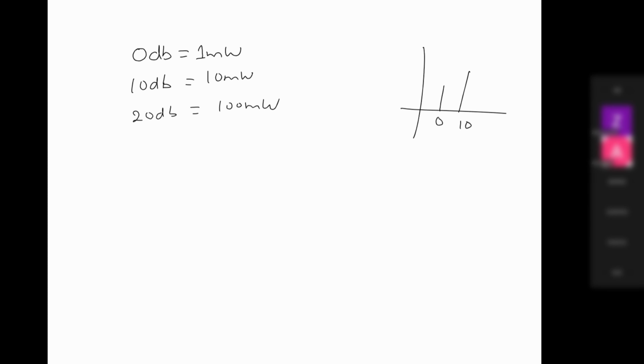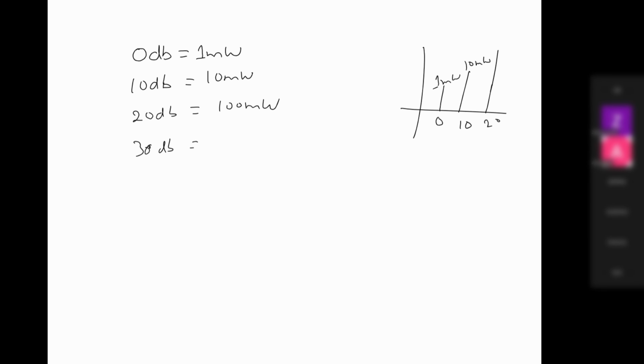Suppose I take 20 dB, 20 milliwatt. That is not the case. If that were happening, then we wouldn't have any discussion here. Suppose I say 30 dB, 30 milliwatt. It will not work like that. So it is 0 dB, 1 milliwatt. 10 dB, 10 milliwatt. 20 dB, 100 milliwatt.